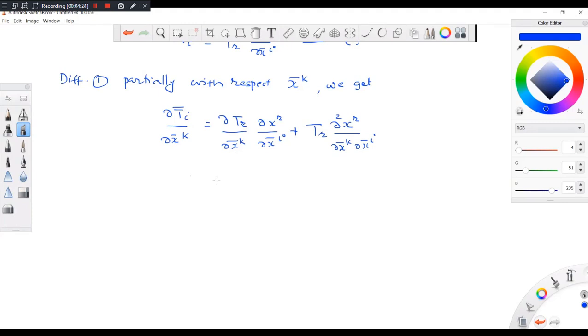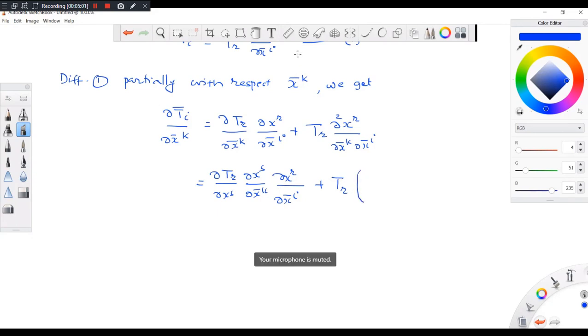Now this one I may write like this: del T r by del x s into del x s by del x bar k. Here I used the chain rule. Del T r by del x bar k I have written through del x s. This is not difficult. Then del x r by del x bar i, plus T r into, here I use the important formula which I have written earlier.